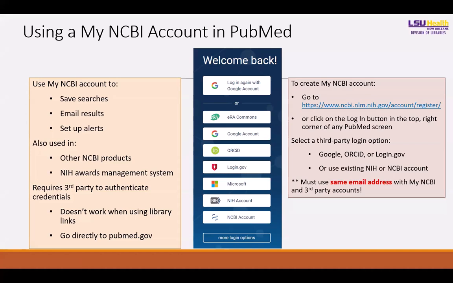You can click on that. It'll bring you to this middle display I have here where you can select a third-party option. So we generally recommend either using Google, ORCID, or login.gov, or you might have an existing NIH or NCBI account. What I've done is I've gone to Google and I have entered in my LSU HSC email, connected it as a Google account.